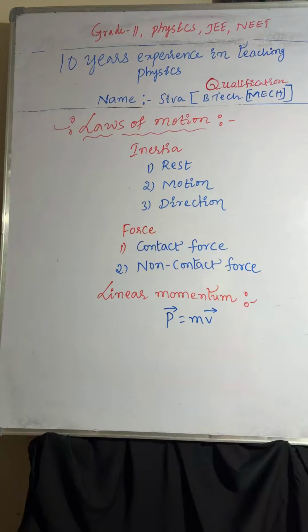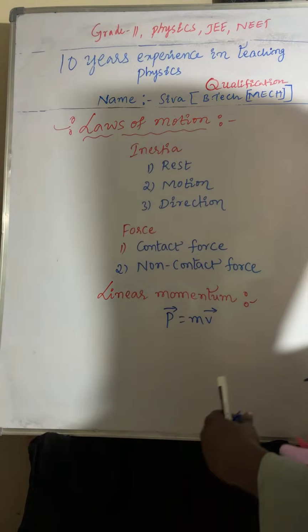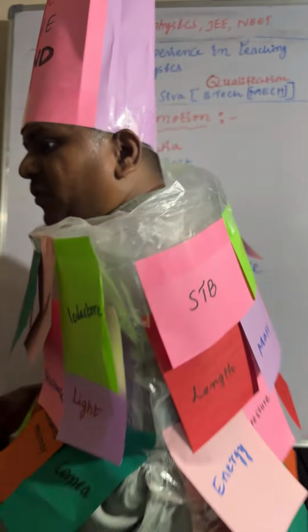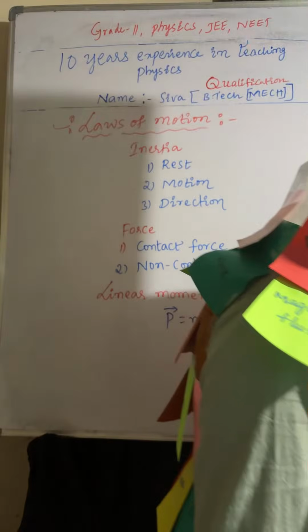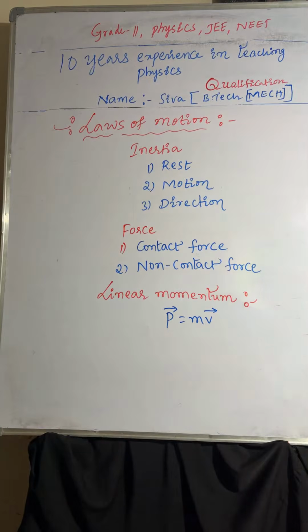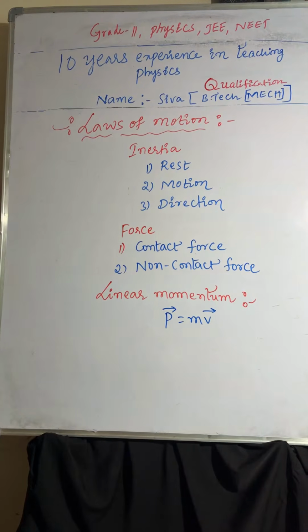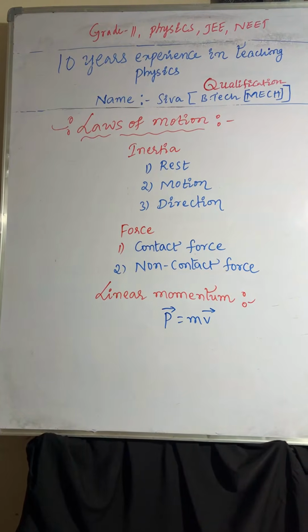Clear? So in laws of motion, we have inertia of rest, inertia of motion, inertia of direction. Coming to force, there are two types of forces: contact force and non-contact force. With contact, the force will act, that is called contact force. Without contact, the force will act, that is called non-contact force.